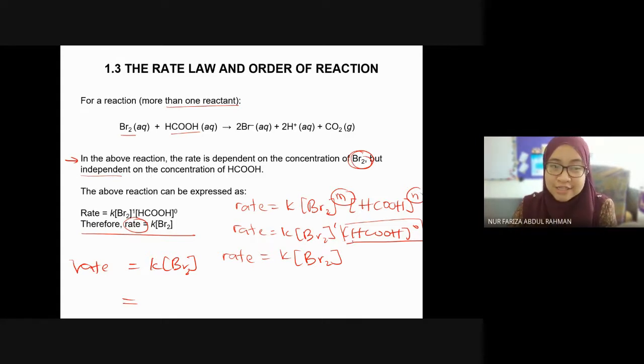But normally in the exam, of course, you are the one who needs to determine the order of the reactant. So that is our real deal later.